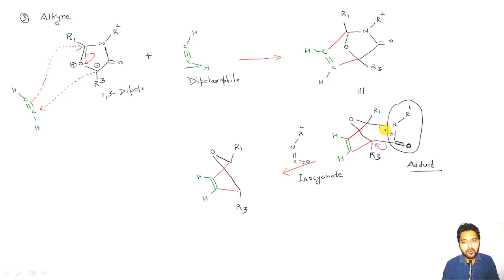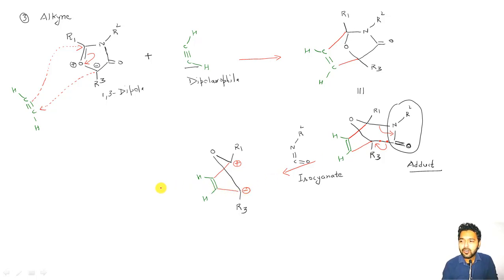Because these two electrons are moving from here to here, definitely a positive charge will appear here on this carbon atom. And because these two electrons of this bond pair, they are going or moving to this carbon atom, so a negative charge will appear here like this.